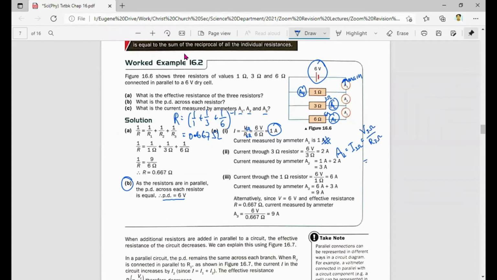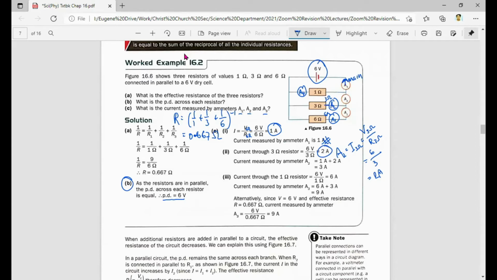The potential difference, as we mentioned, is already 6 volts, and the resistance of the 3 ohm resistor is 3 ohm. So you take this divided by this, you get 2 ampere. That's the value of the current through here.